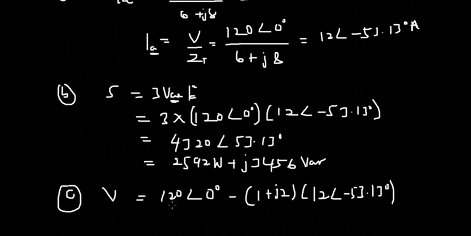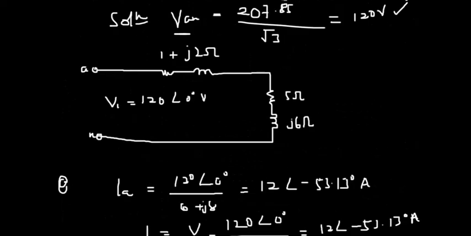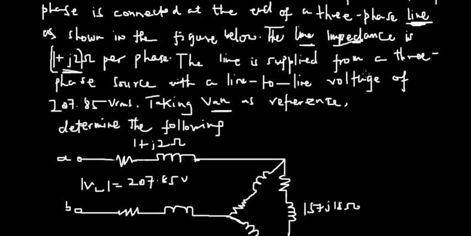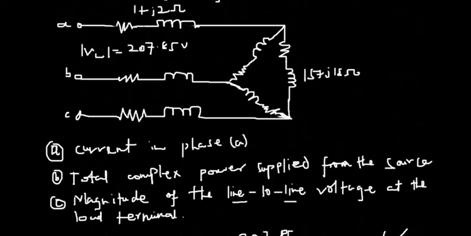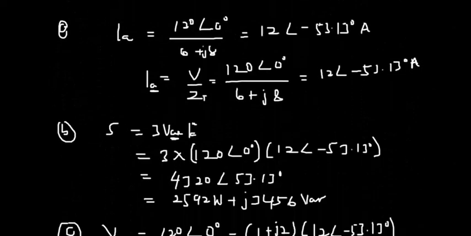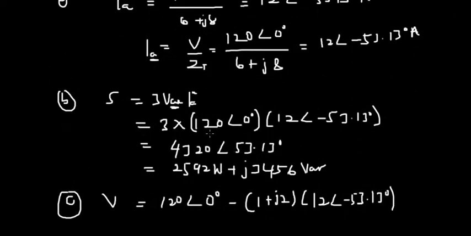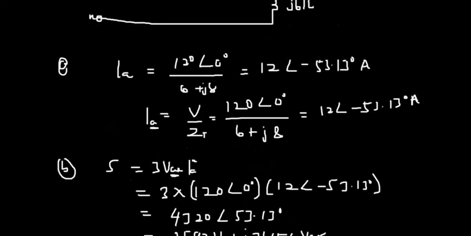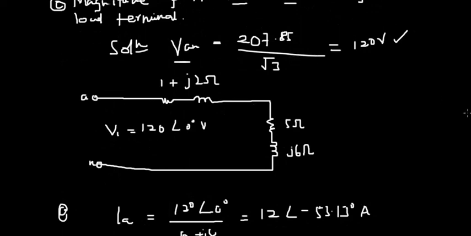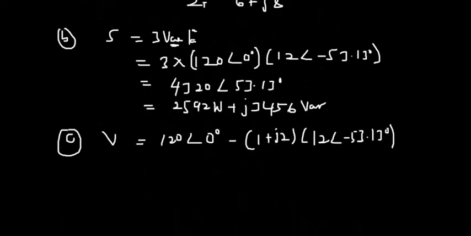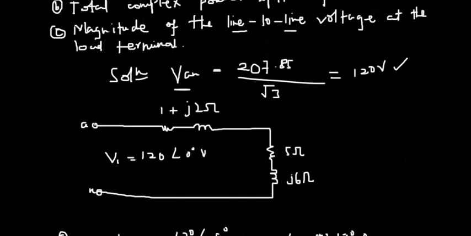You are just subtracting the line impedance: we multiply that by our IA, and then subtract that from our V, or VAN. That's what it simply means. That's the magnitude for the line-to-line voltage.